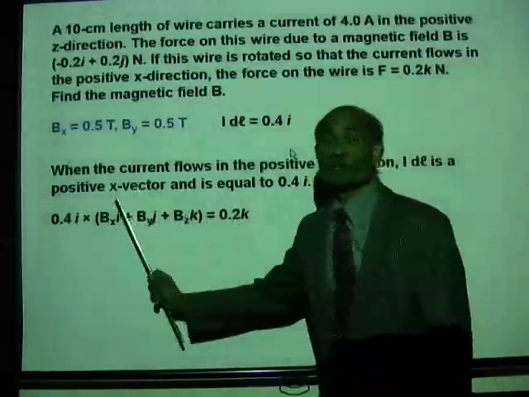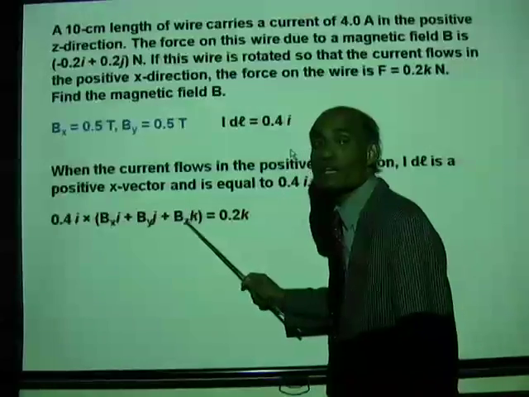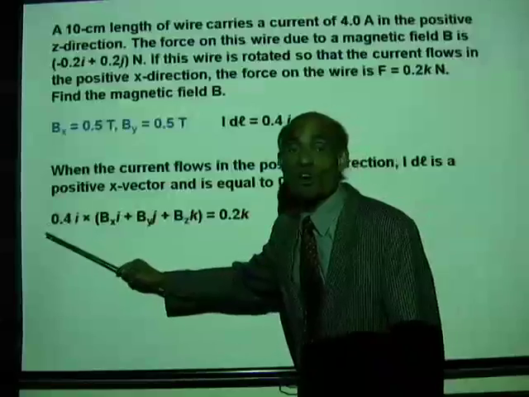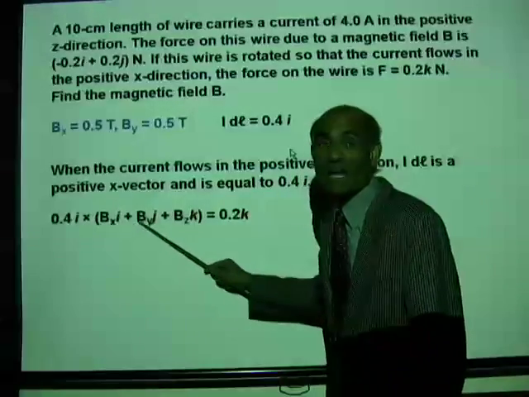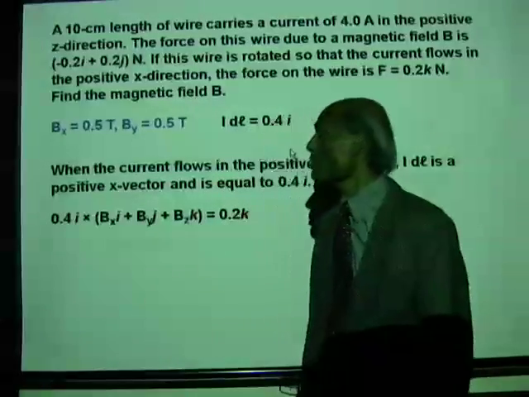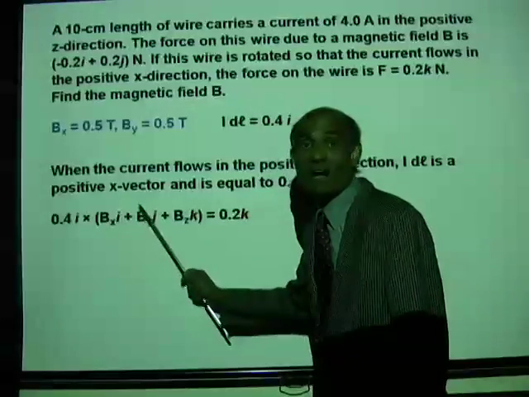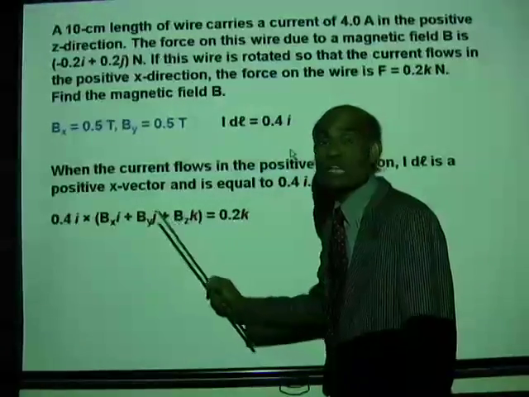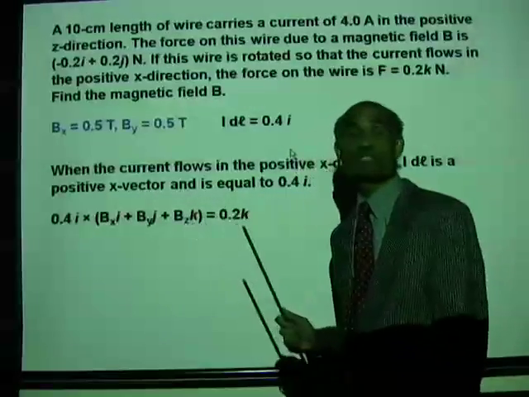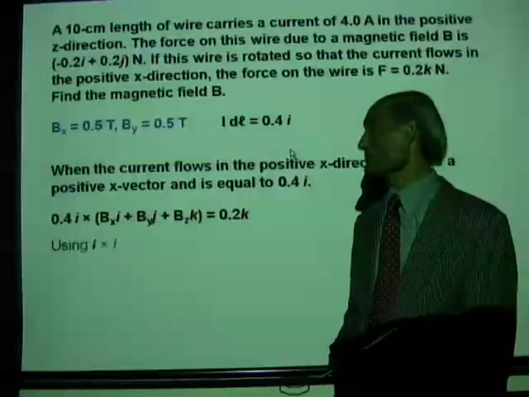And therefore, IDL cross B equal to F. Force is the cross product of the vector IDL and the vector B. Now, this time IDL is 0.4I and the vector B is BXI plus BYJ plus BZK, where we calculated BX and BY, we don't know BZ. And the force vector this time is 0.2K.